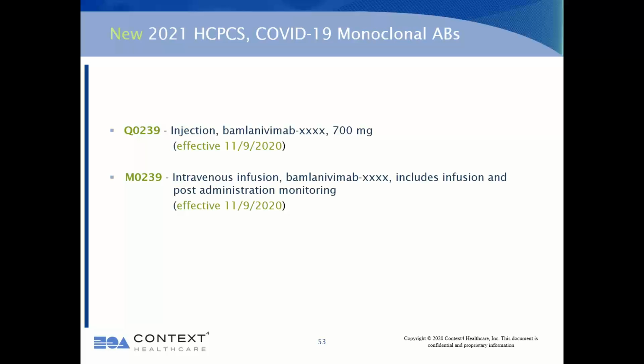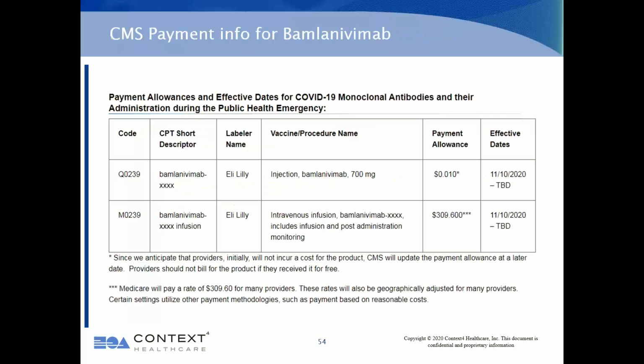Bamlanivimab is not authorized for use in patients who are hospitalized due to COVID-19, or who require oxygen therapy due to COVID-19, or those that are on chronic oxygen therapy due to an unrelated comorbidity that require an increase in baseline oxygen flow rate due to COVID-19. These limitations have been set because benefit of treatment with bamlanivimab has not been observed in these patients.